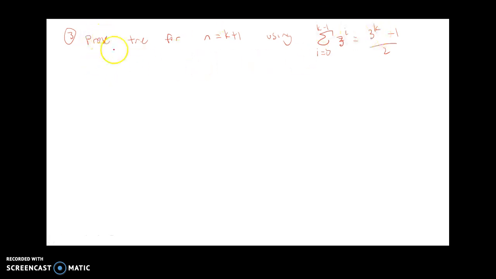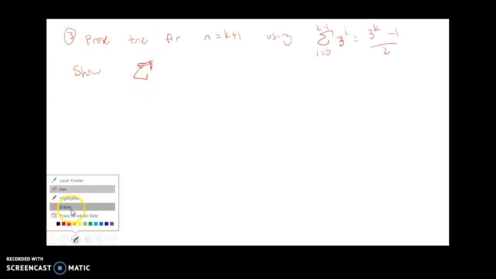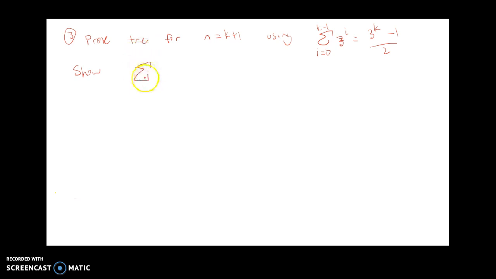Okay, well, that's the thing I get to use to make the proof. So what I want to show is that the sum from i equals 0 to n equals k plus 1, so that means I'm going to k plus 1 minus 1, because this is n minus 1, which is basically just the sum from i equals 0 to k of 3 to the i.